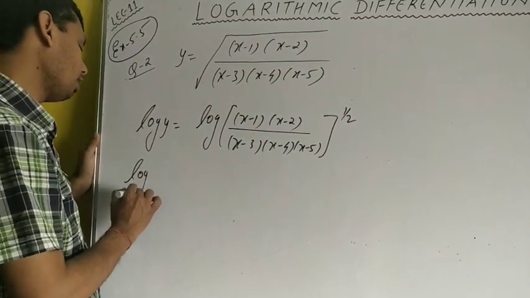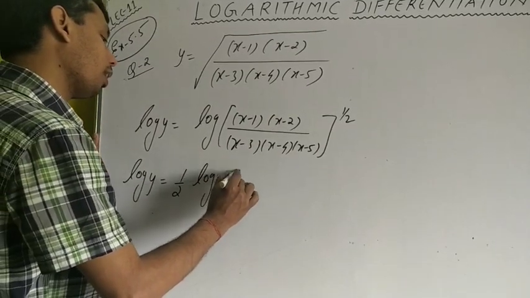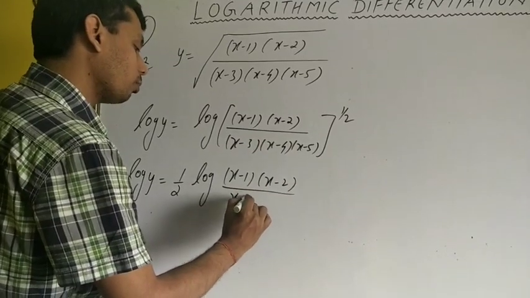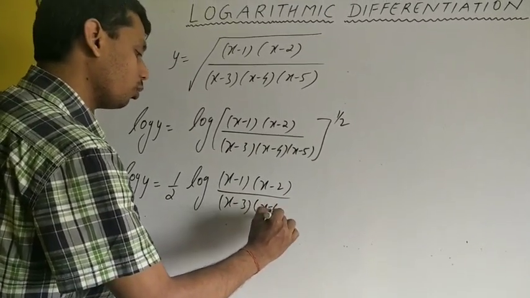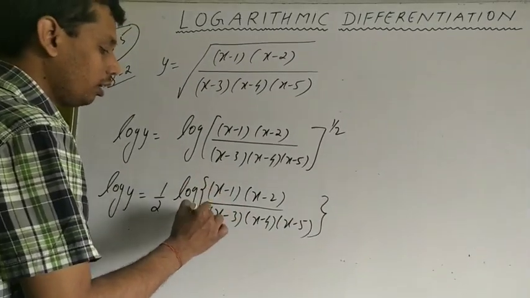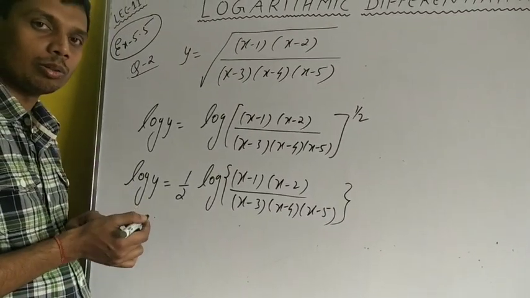So we can write it in this manner: log y is equal to 1/2 log of (x-1)(x-2) upon (x-3)(x-4)(x-5). Now again, log m upon n can be written as what? Log m minus log n.